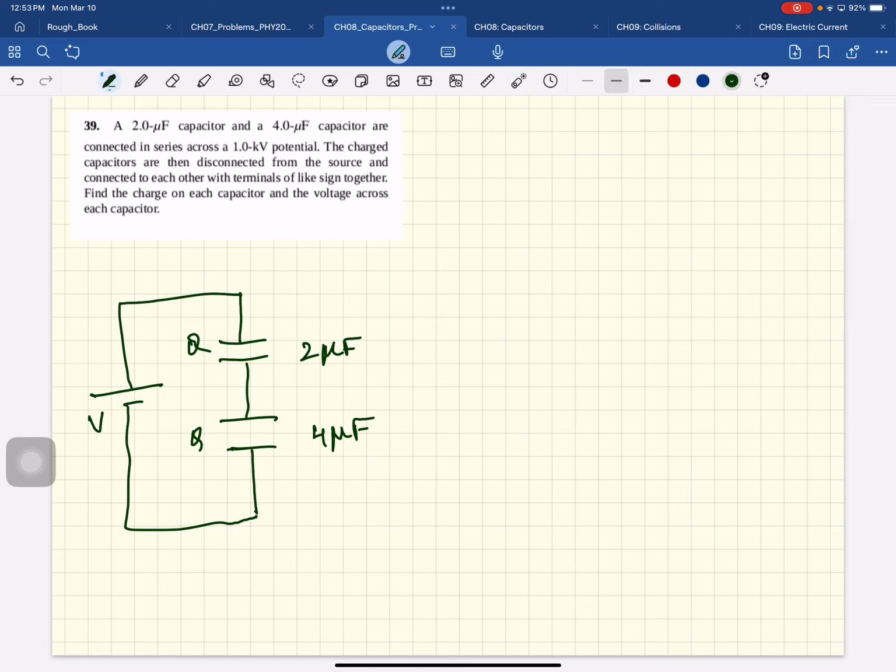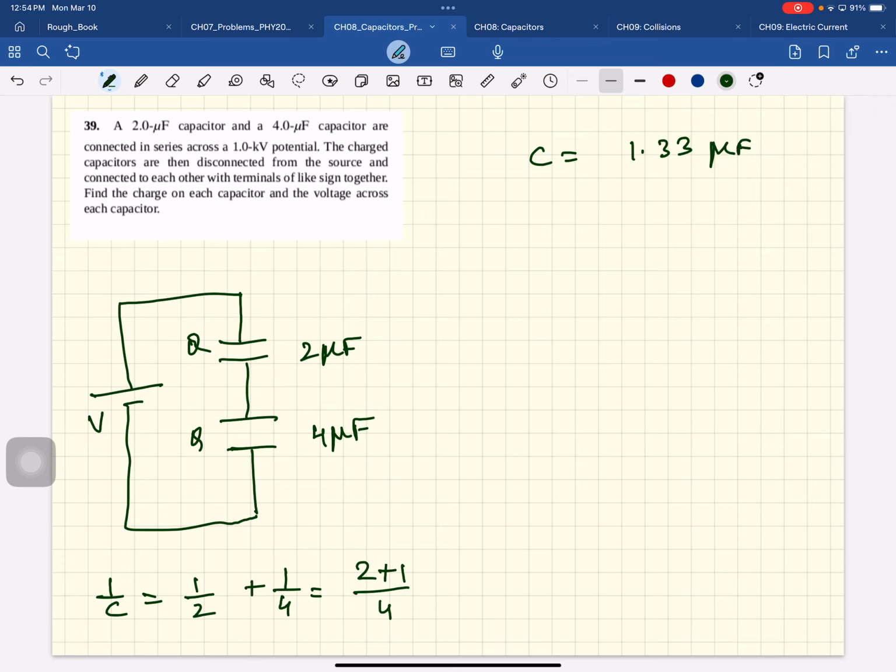So here's the voltage, which is 1,000 volts. But let's first find the equivalent capacitance. So C is 1.33 microfarads.